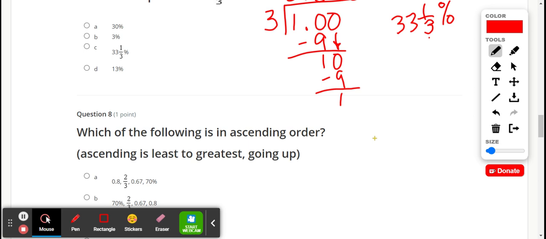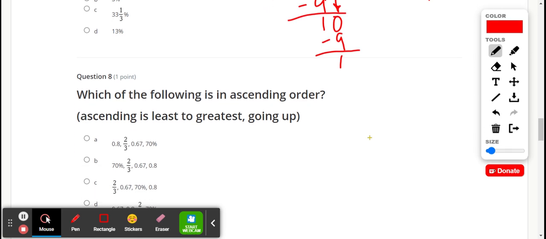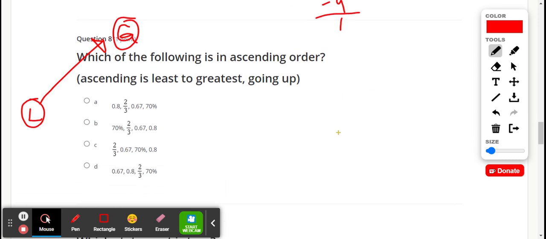Which one of the following lists is going to be ascending? Good to remember that ascending means going up from least to greatest. It is increasing. So you need to find the L. Which one is the least? Right here, 0.8 and 0.7 are not even next to each other with 0.6 in the middle. So that's not the least. That's not the least.